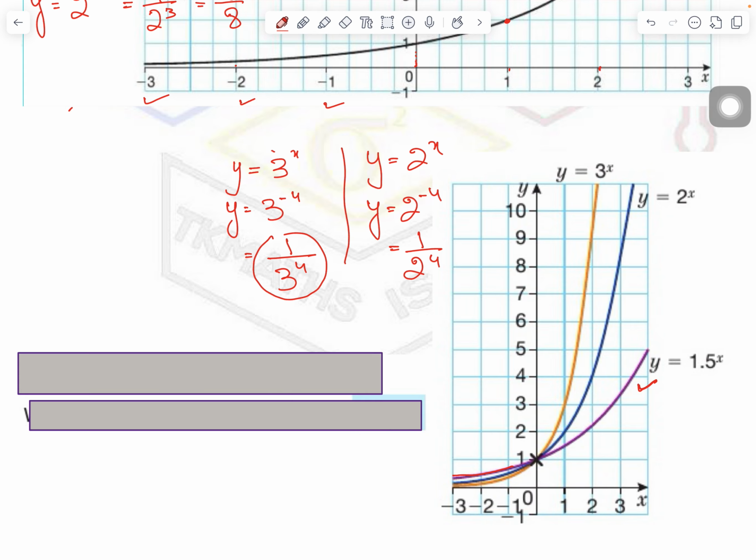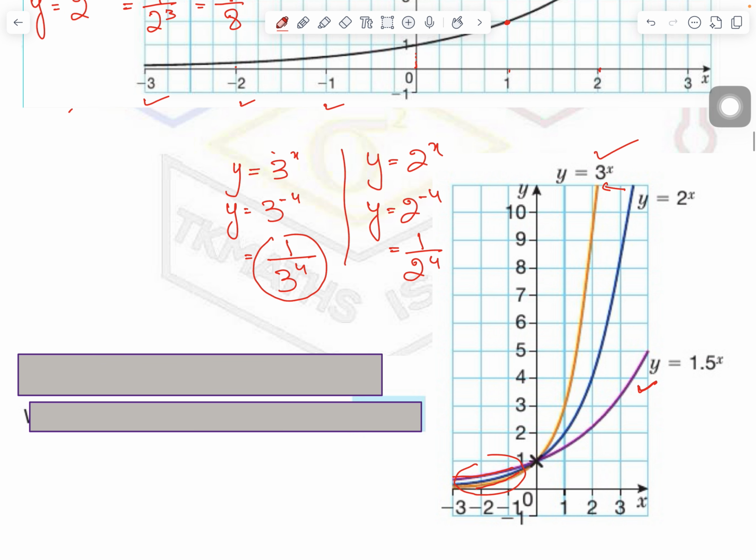So the graph which is on the higher side, on the right side with positive x values, will be on the lower side. So this is very important that you show the relation between them. The one which is steeper, with high values, will be on the lower side, on the left side.